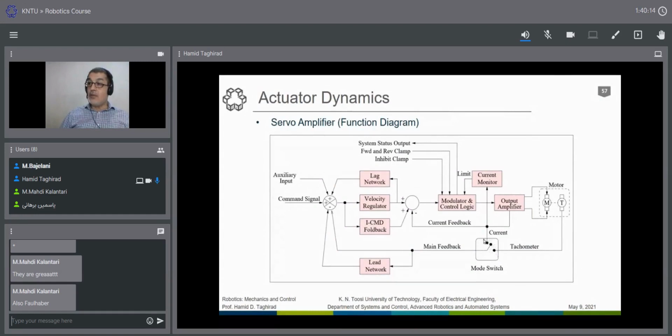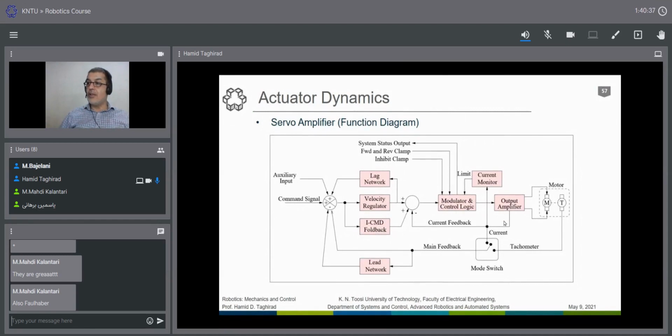So basically we have two feedbacks. If we work in the current mode, we have the modulator and the logic, the pulse width modulator. We usually have some current monitor and the limiter to limit the voltage. And we have a feedback loop here.